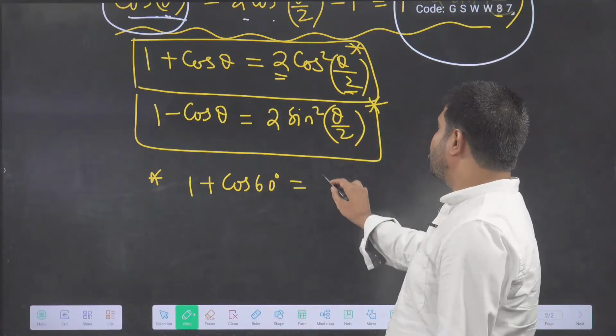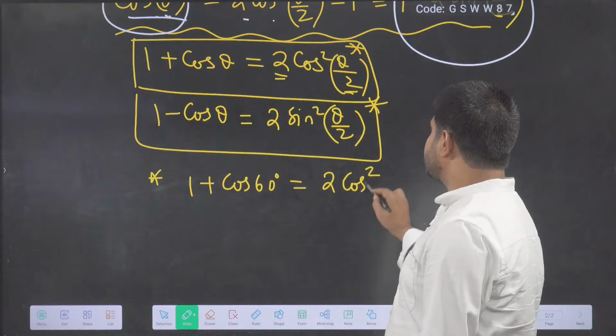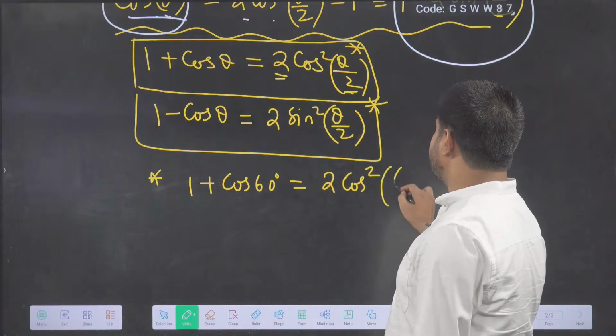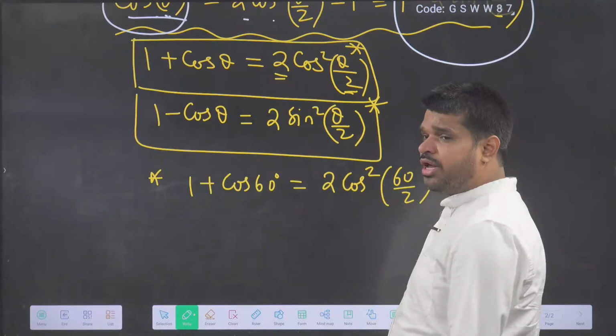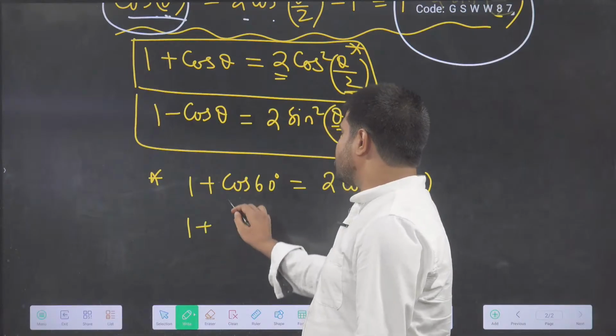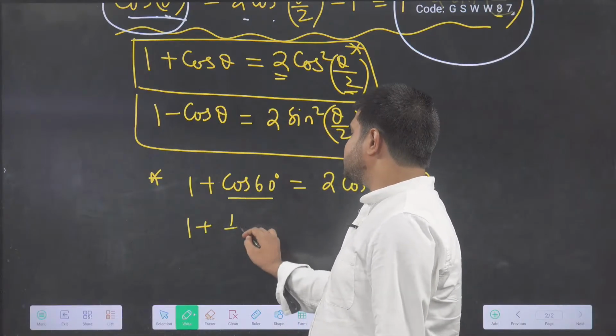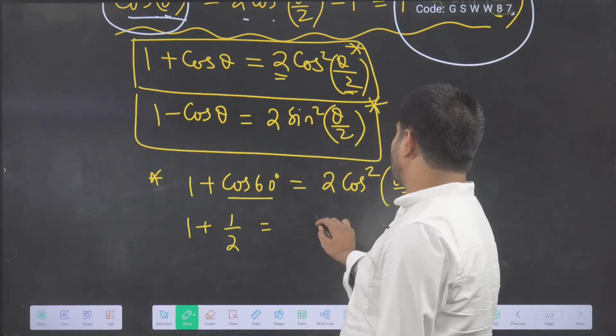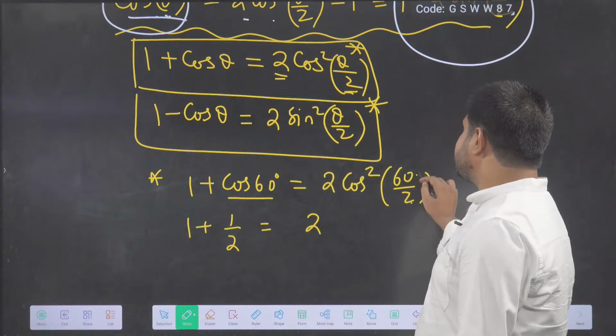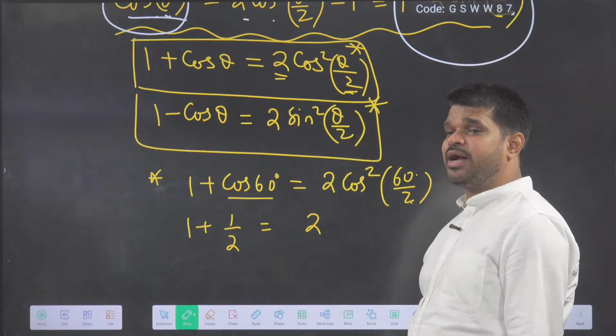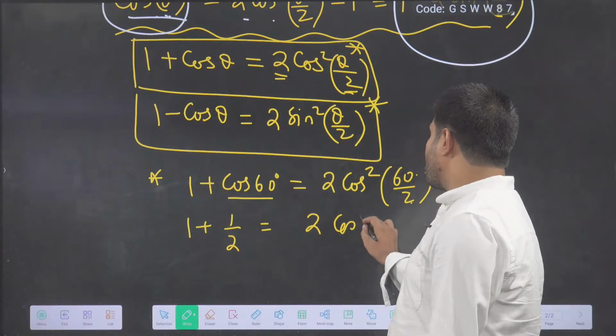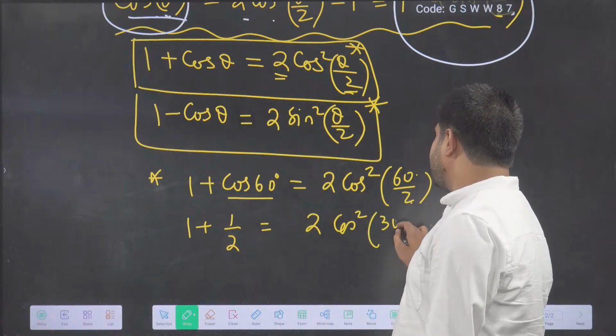What is the answer? 2 cos square theta by 2. Theta by 2 means 60 by 2. 1 plus, what is cos 60? Cos 60 is 1 by 2, equals 2. What is 60 by 2? 30. So 2 cos square 30.